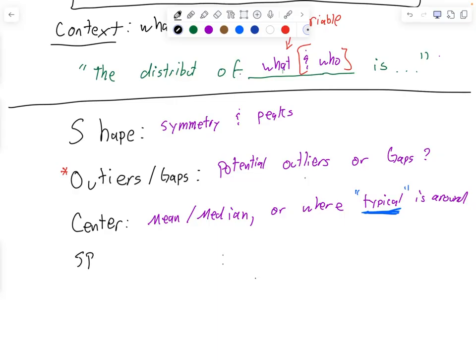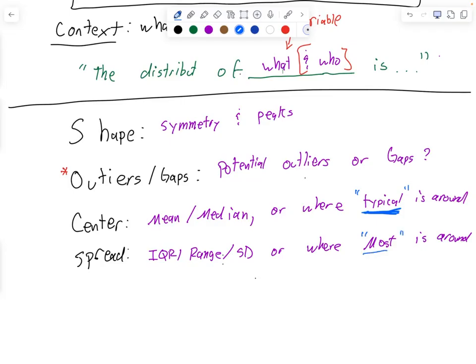This is the IQR, range, standard deviation, or where most is around. Put quotations, where most is around. And I will give you an example right there.